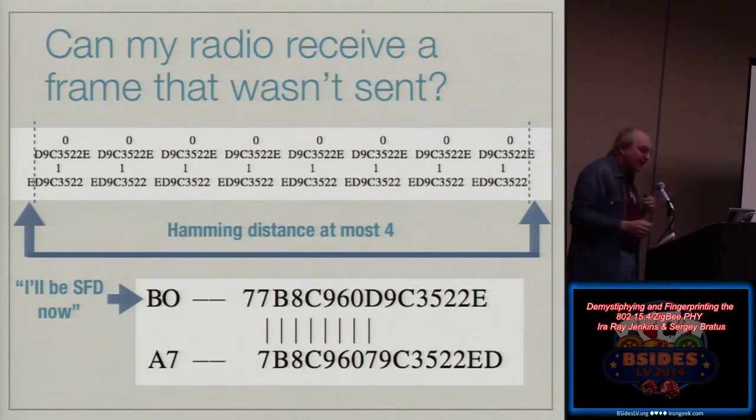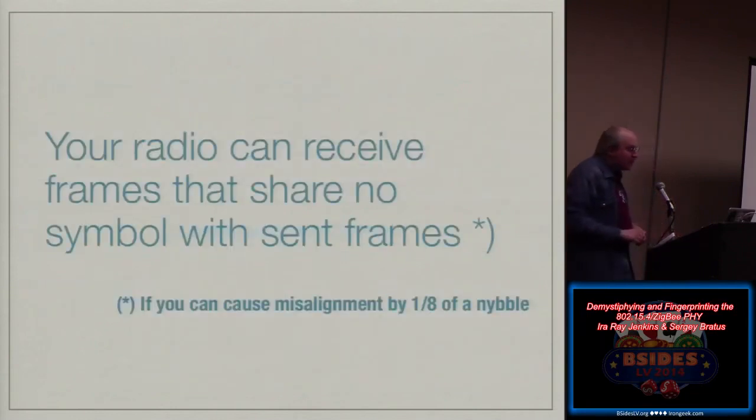Yet the magic of PHY makes this possible. So you can actually receive frames that share no symbol with the sent frame. It's interesting. And again, those tricks you can do if you control the stream of bytes that goes out of your radio.